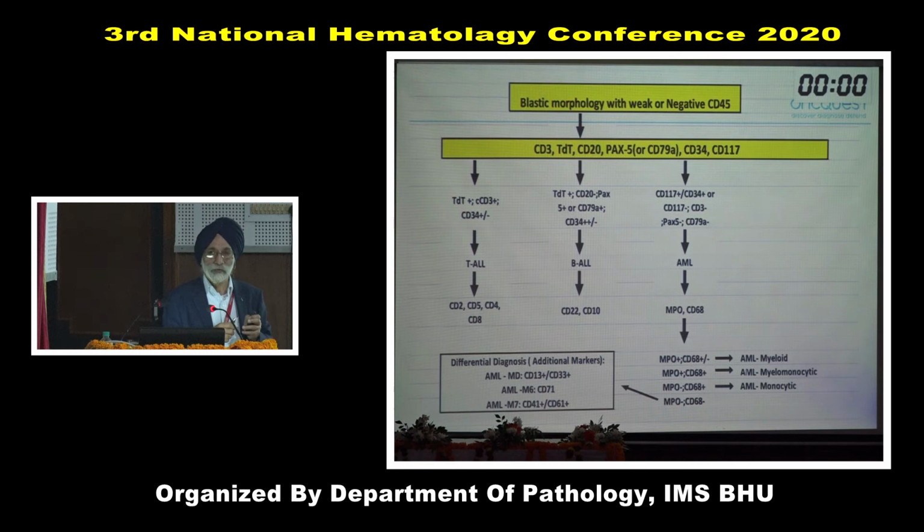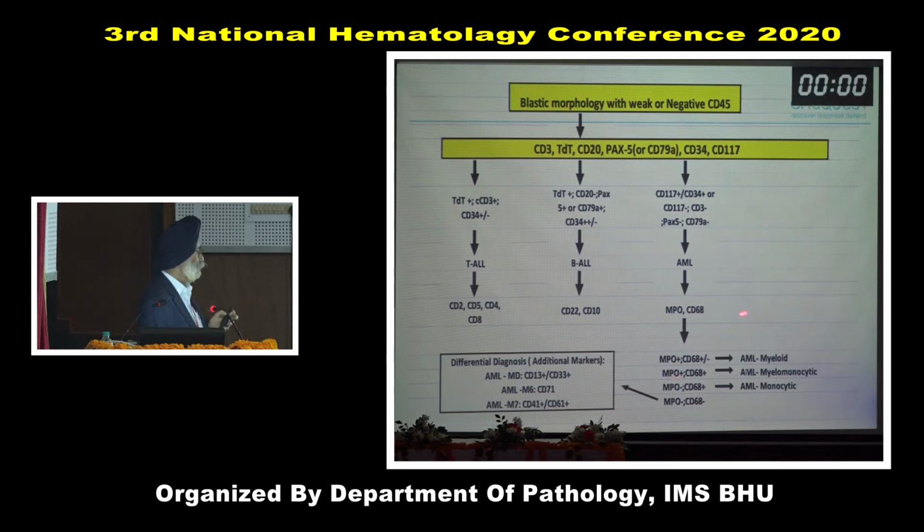Various markers we use, and depending upon the positivity or negativity, then we go ahead and do further markers like MPO, CD68 to characterize myeloid or myelomonocytic or monocytic acute leukemia. But keep in mind always that there are other entities also, like regenerating hemopoietic cells, especially the lymphoid ones, hematogones, to be distinguished from the persistence of lymphoid blasts.